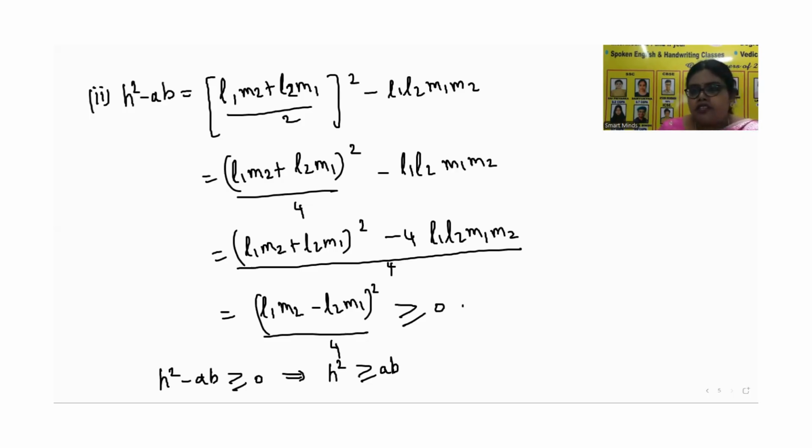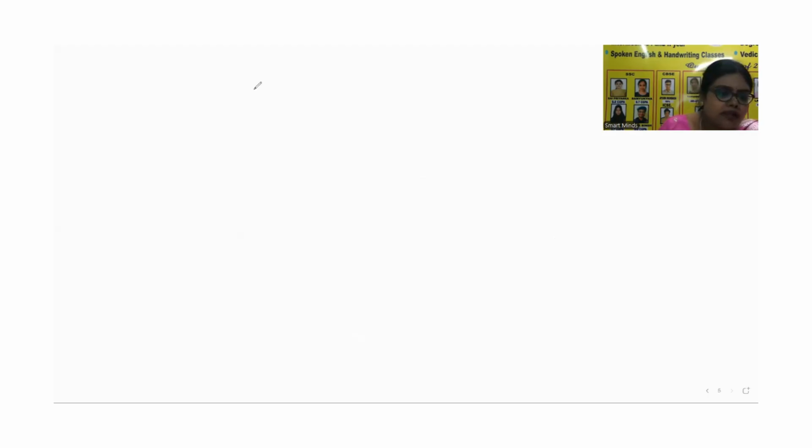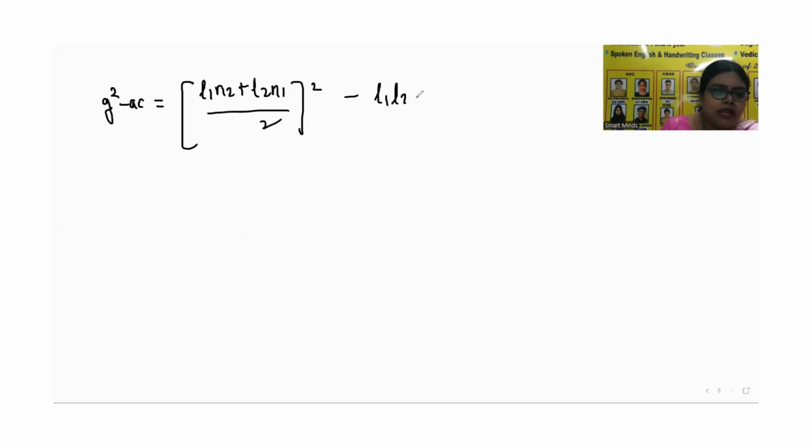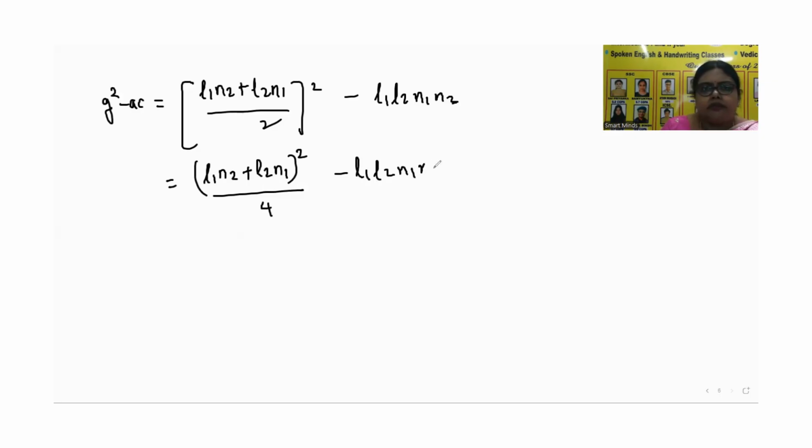Now the other thing which is given in the second bit is g² minus ac. We have to do the same way. g² is ((L1 N2 plus L2 N1) by 2)² minus L1 L2 N1 N2. Again the same way you open the brackets, whole square by 4 minus L1 L2 N1 N2.